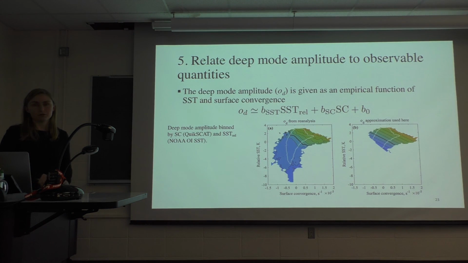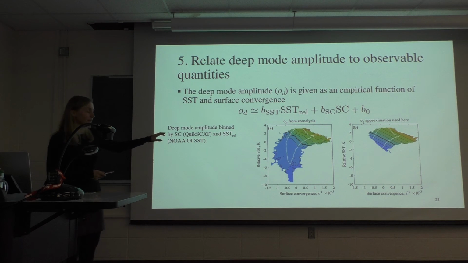We've done that for both of these, and there's more missing data for the approximation, because you can imagine in your head what this would look like as you went down. This would get super negative super fast. So this approximation doesn't hold very well in regions with low relative SST and low surface divergence.